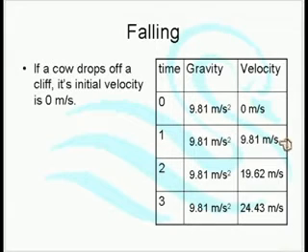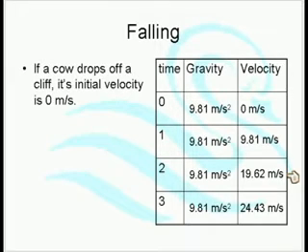1 second after it said, uh-oh, it is accelerated by 9.81 meters per second, which means now its velocity is 9.81 meters per second. 1 second later, it is accelerated by another 9.81 meters per second.